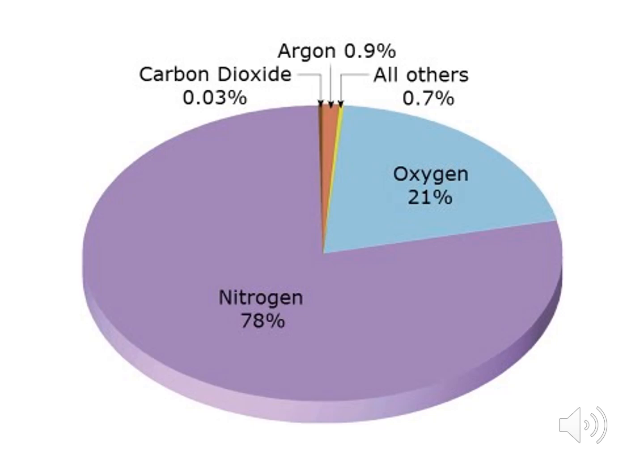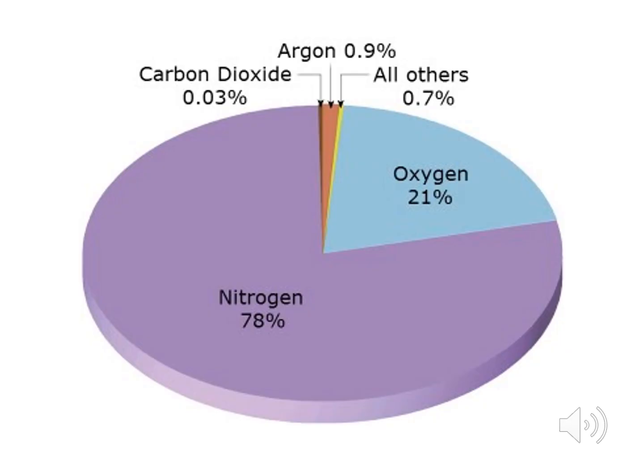So the partial pressure of oxygen is just that portion of total atmospheric pressure that's due to the presence of oxygen in room air. And the partial pressure of carbon dioxide is just that part of total atmospheric pressure that's due to the presence of carbon dioxide in room air.